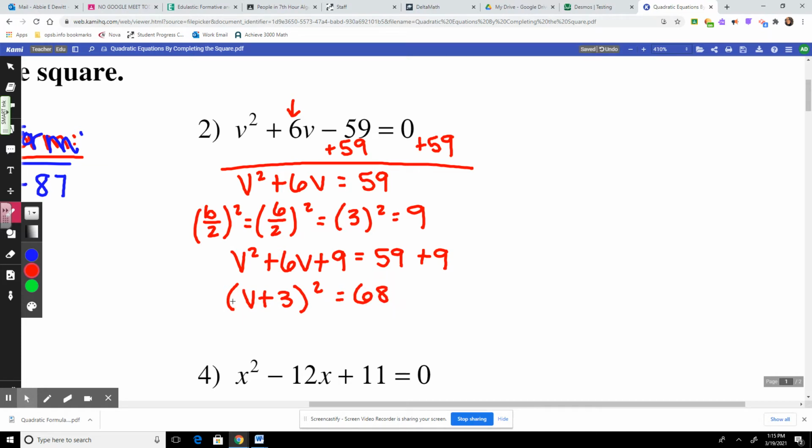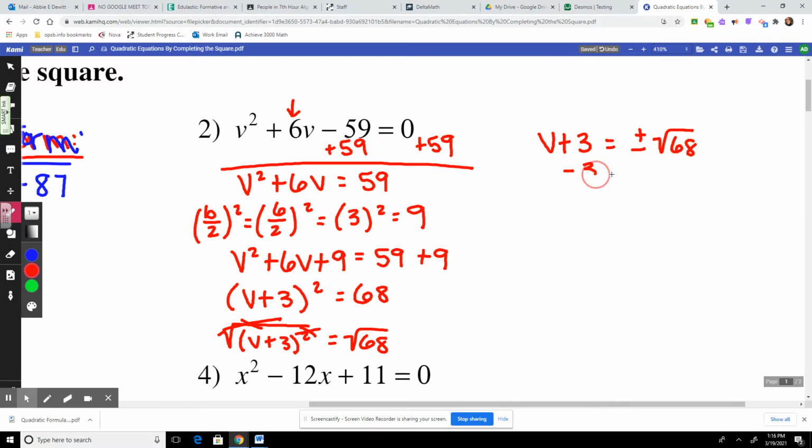And I'm going to take the root of both sides, and I'm going to rewrite this so that I can use that section when I go to write the vertex form. When I take the square root of both sides, remember the root and the square cancel each other out. That leaves me with v plus 3 equals plus or minus the root of 68.